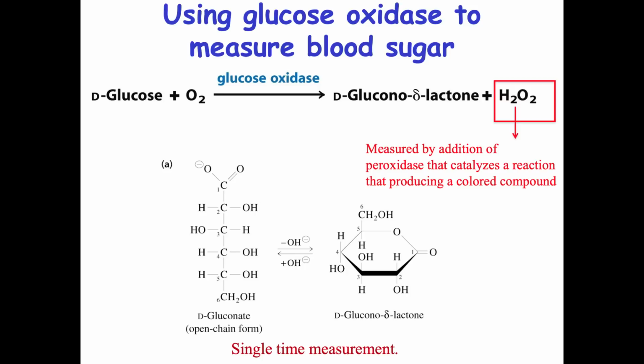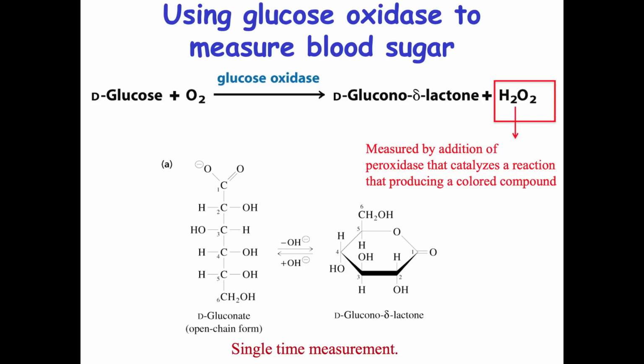Now, one issue with this measurement is that it's a single time measurement. It measures glucose levels at that particular point in time. And we know that glucose levels can rise and fall dramatically over the course of the day and the course of a week and so forth.